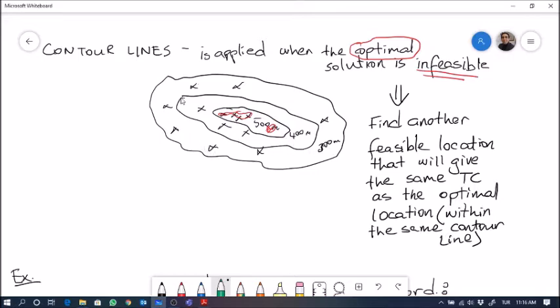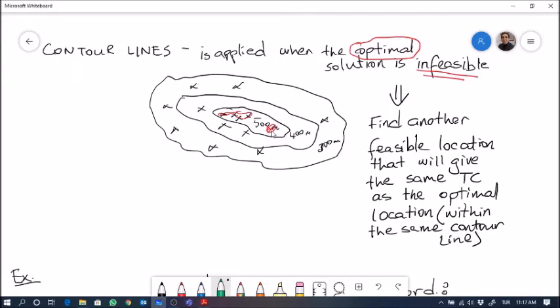In the outermost region, the height is 300 meters. So anywhere in this outermost region, the height is 300 meters. In the middle section, anywhere like here, here, and here, the height of this mountain is 400 meters, and in the innermost area, the height of the mountain is 500 meters. So anywhere in this area, we have 500 meters.